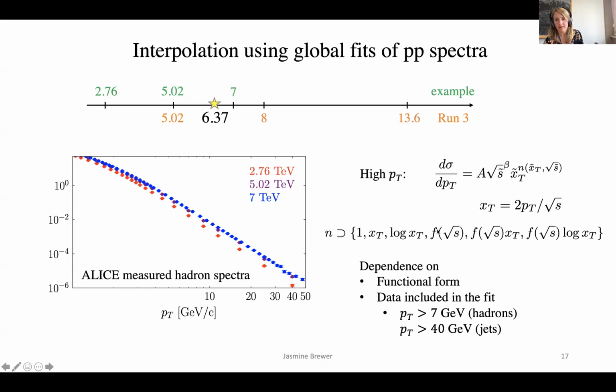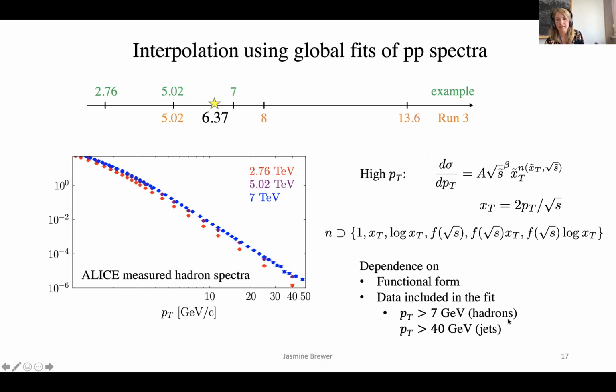What's maybe less obvious, but actually turns out to be more important even than the functional form of these fits, is what data to include in the fits. For hadrons, this is particularly important because hadron spectra are measured down to much lower than 1 GeV, where these high-pT cross-section parameterizations aren't well motivated in any sense.